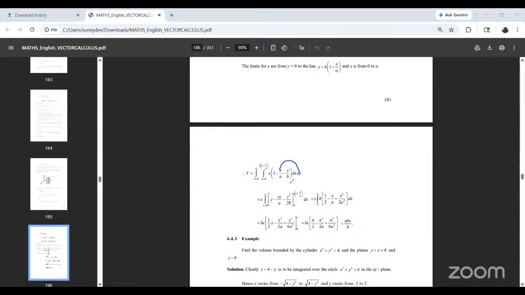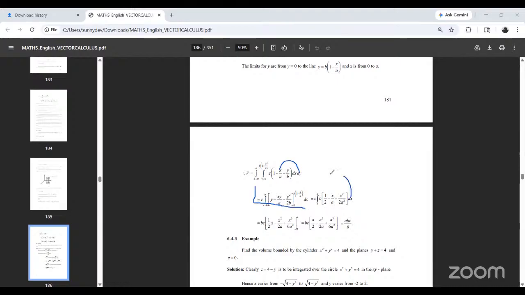Next it becomes y squared by 2b from 0 to b into 1 minus x by a, and c into that. Then apply the limits, and after simplification we get the result. This is just the simplification part.